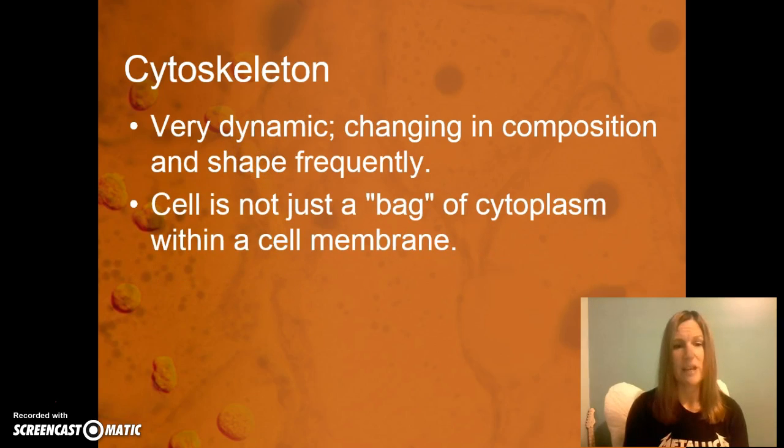It's not just a bag of cytoplasm within a cell membrane, which is kind of a rudimentary belief or a thought maybe that we gave to kids when they were younger because it was just easier to think that way. It is a very complex system where organelles are designed, held. Yes, it changes.